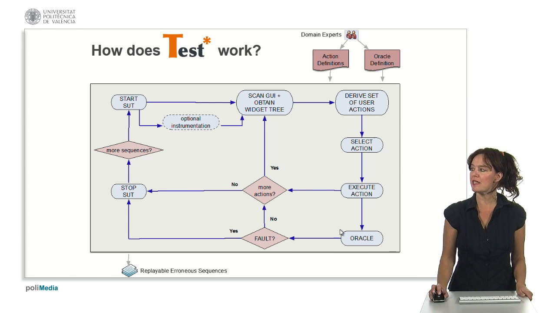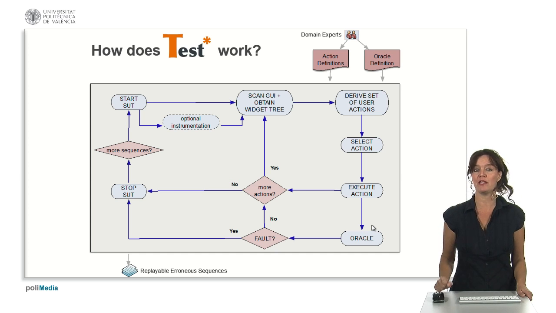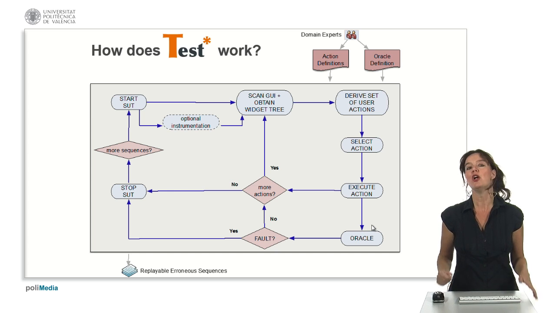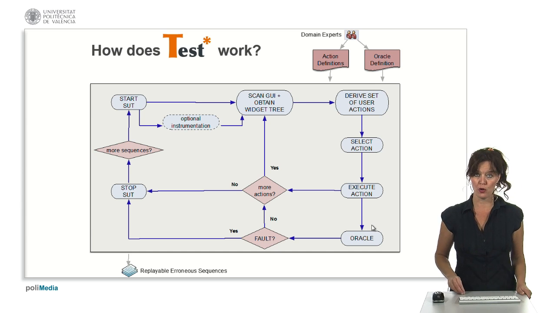The interesting part when we consider testing is here. Every time we have executed an action and the state of the user interface has changed, what we need to do is execute an oracle. And the oracle should see whether our test found some error or not.